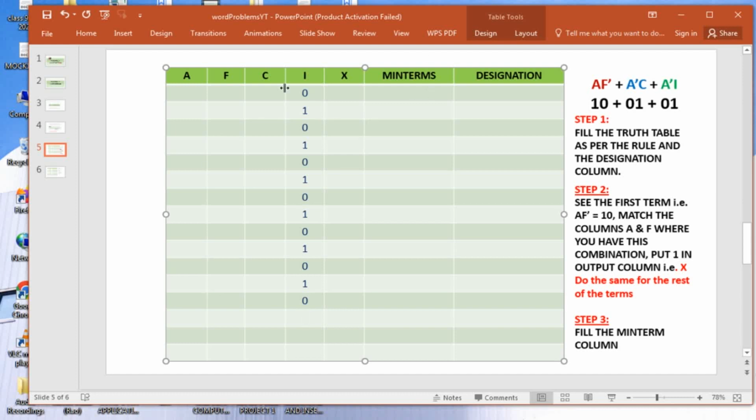I have given 0, 1, 0, 1, alternating. Here would be 1, and here it would be 0, and then it would be 1. So 1 times 0, 1 times 1. But in this case, it would be 0, then 0. Double of 1 is 2, so 2 zeros, 2 ones.